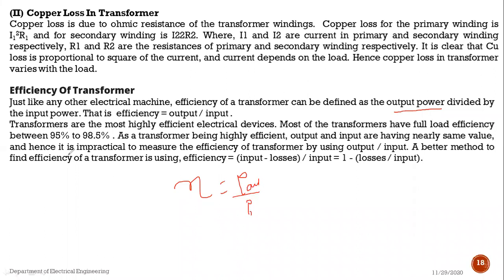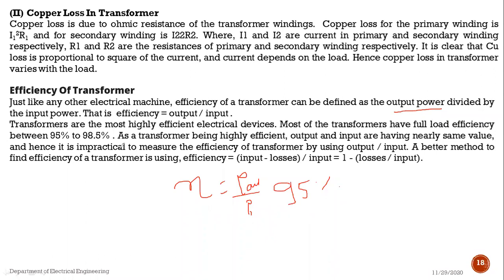Transformers are highly efficient electrical devices. Most transformers have a full load efficiency between 95% and 98%. Some transformers have a full load efficiency between 95% and 98.5%.